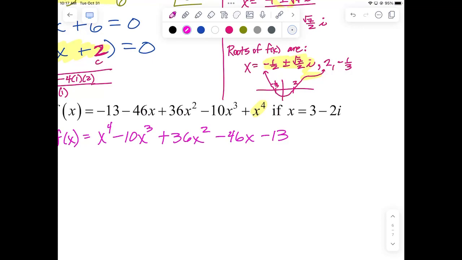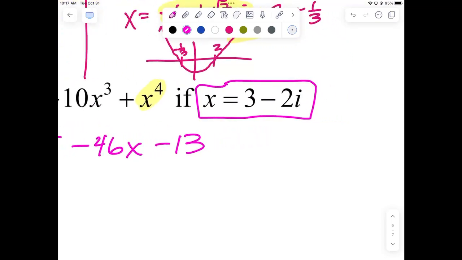I need to know 2. Darn it, they only gave me 1: 3 minus 2i. Or did they implicitly give me 2? For if 3 minus 2i is a root, what must also be a root? 3 plus 2i. How many do I now have? I have 2.